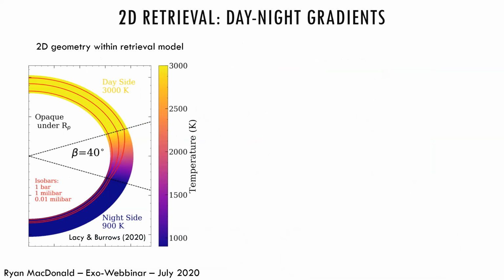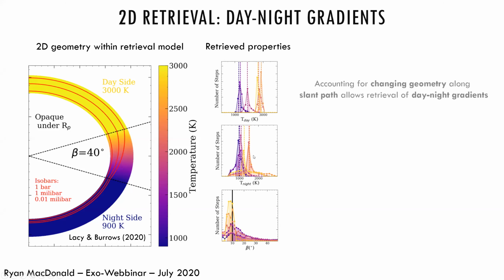And in a nice paper that went up on the archive about a month ago by Brianna Lacy and Adam Burrows, they took the question posed by Anthony Caldas and William Pluriel of these day-night gradients and looked at the question of, if you include this in a parameterized form within your retrieval framework, can you retrieve the day side and the night side temperatures and this opening angle across the terminator?